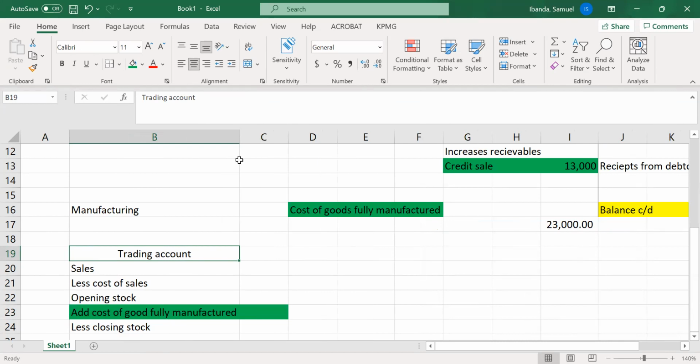What profit shall we get? They want to evaluate what profit we make from manufacturing by ourselves. So they create an internal profit margin on the goods as they leave the factory to come to the sales side.